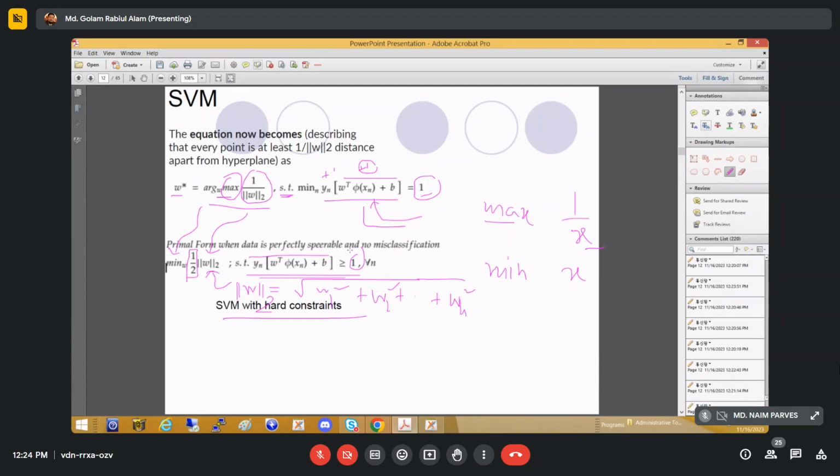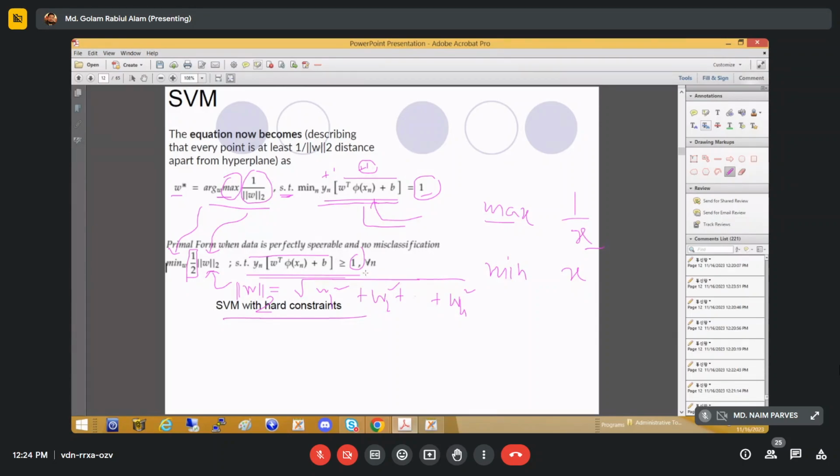It means that we want to find W in such a way that all the data elements are in the correct form, or you can say we want 100% accuracy. That's why it is called hard constraint, because it will not allow any misclassification.